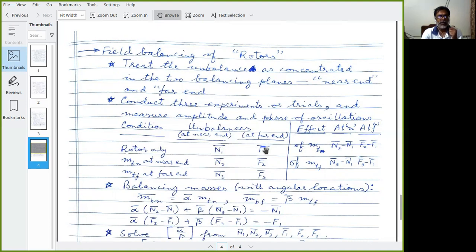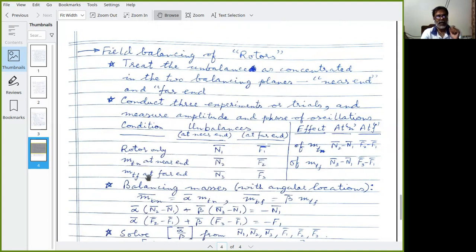In the second round, you put a balancing trial mass MTN at the near end, and then again rotate at the same angular velocity and get the corresponding near end and far end oscillations, amplitude and phase.